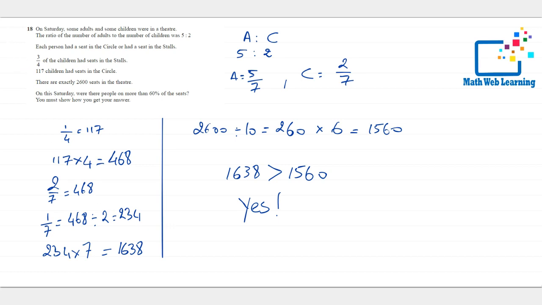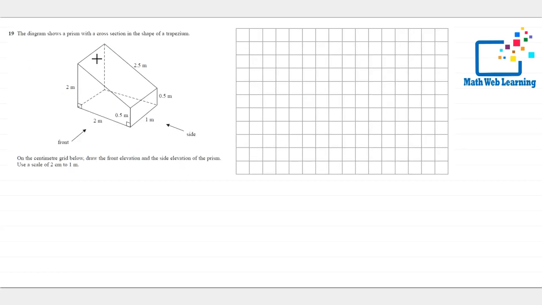Next question is question 19. Question 19 is a question on plans and elevations. So we've got this 3D prism. We need to draw it as a 2D. We need to draw the front first, and we draw the side. Very important to know the scale we're using, 2 centimeters represent 1 meter.